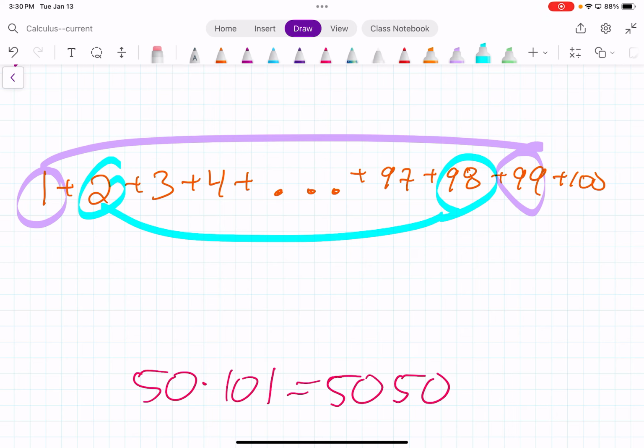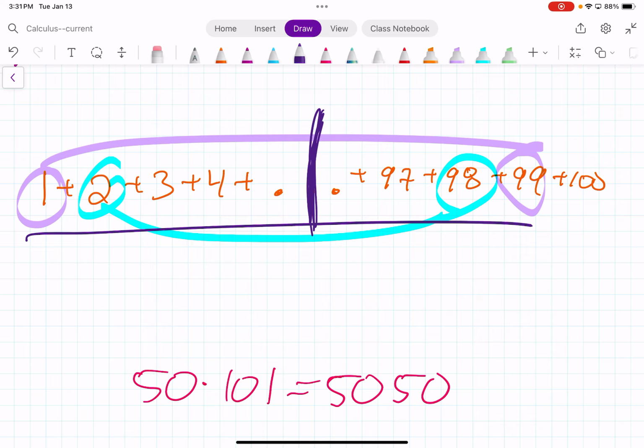Yeah, the only thing you're going to have to consider if you do that method is, do you notice that we have an odd number of numbers? Which means the number in the middle of this list won't have a partner. So I'd have to count carefully or think carefully about that. What number is going to be in the middle of that list?